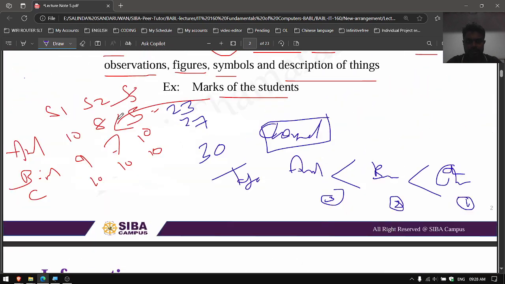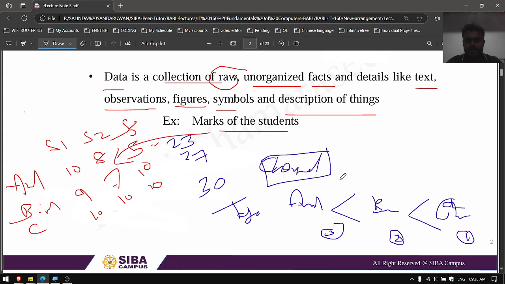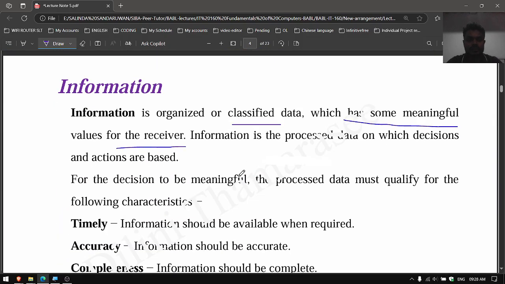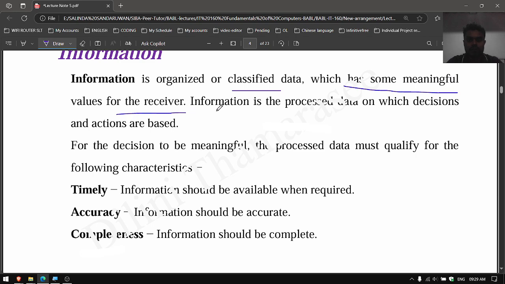The class teacher or the principal can segregate or recognize the students according to their total marks, so he can issue the report. Information is processed data on which decisions and actions are based. For the decision to be meaningful, the processed data must qualify for the following characteristics.